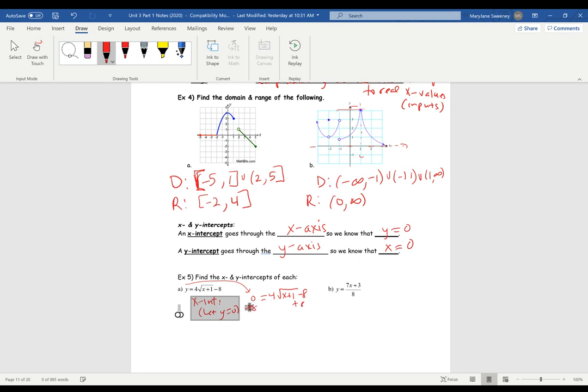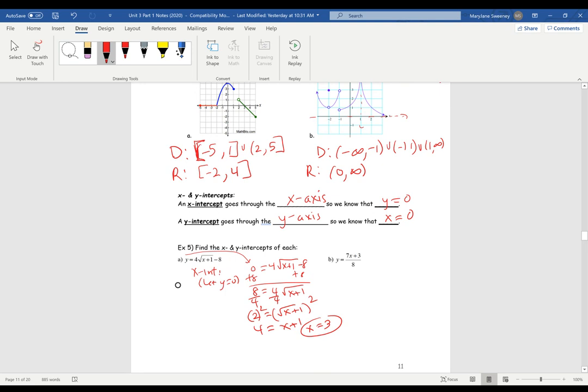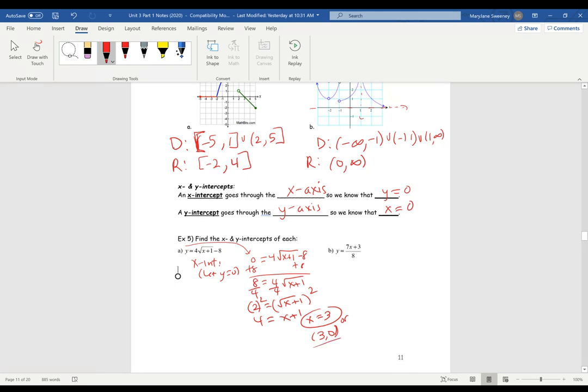Add the 8. 8 equals 4 square root of x plus 1. Divide by 4. 2 equals square root of x plus 1. Square both sides. 4 equals x plus 1, which means x is 3. That's your x-intercept. So you can just say the x-intercept is 3, or you could say 3, 0, either one. If they said coordinates, then you would have to say the 3, 0.